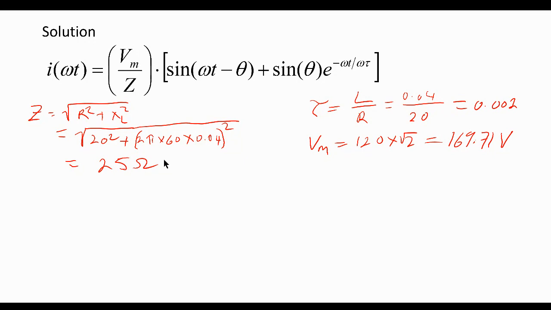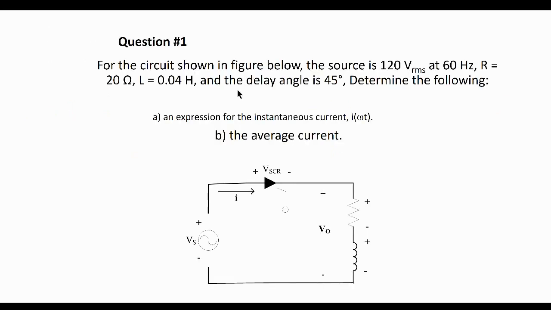It has to be a little bigger than 20, with some decimal points behind it. 25.0, sir. Is the inductance 0.04 Henry or millihenries? Henry. Okay, all right.